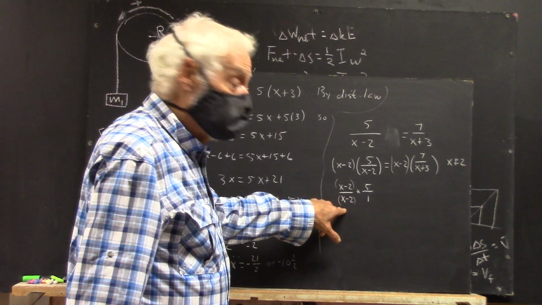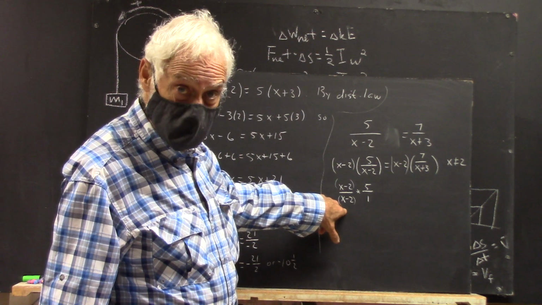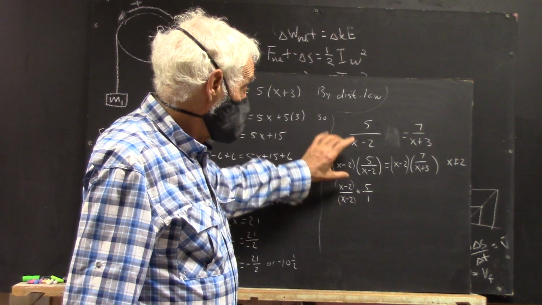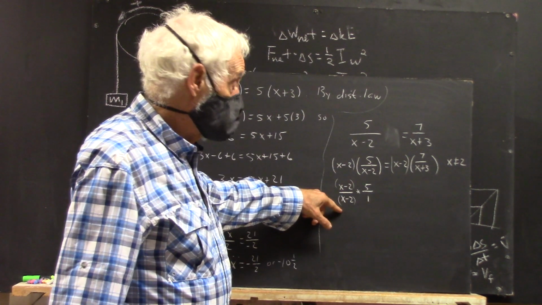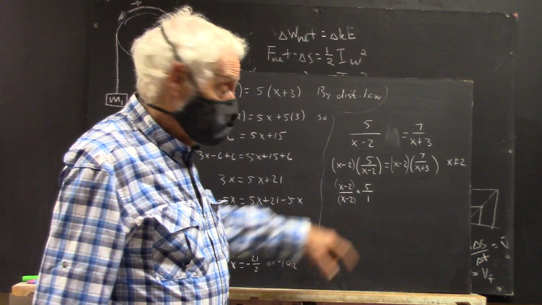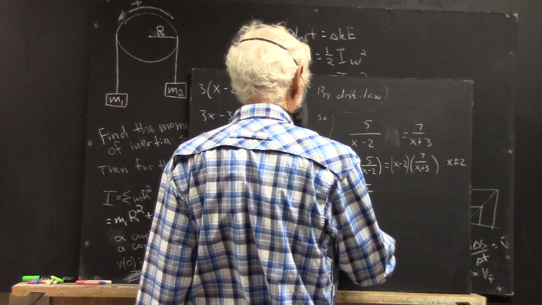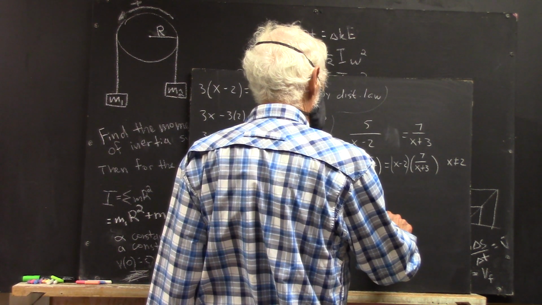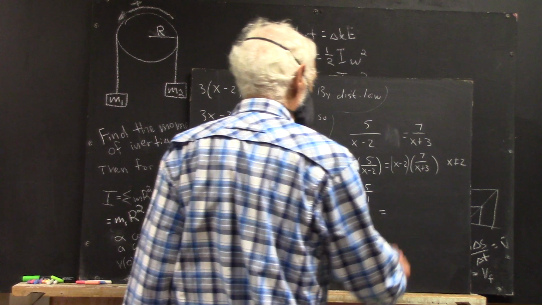And the denominator is going to be x minus 2 either way. Okay? So this is exactly the same as this, but of course this is just 1, and this is a 1, right? So that just gives you 1 times 5 over 1, and that's going to be 5.